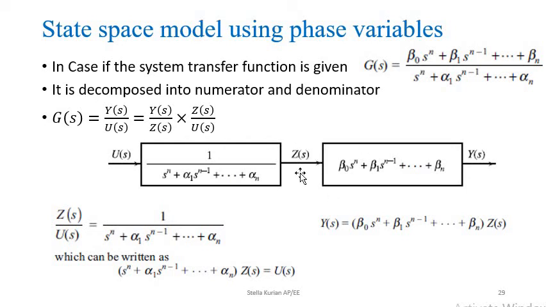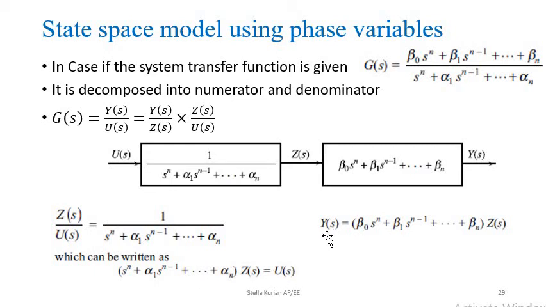Y of s by Z of s will be equal to beta naught s raised to n plus beta 1 s raised to n minus 1 plus etcetera, plus beta n. Now, if you cross multiply both parts, you will get s raised to n plus alpha 1 s raised to n minus 1 plus etcetera, plus alpha n, into Z of s equal to U of s.